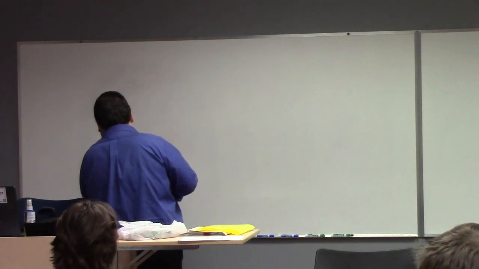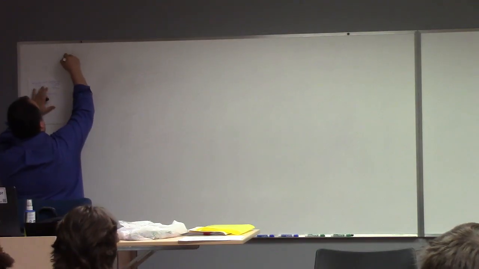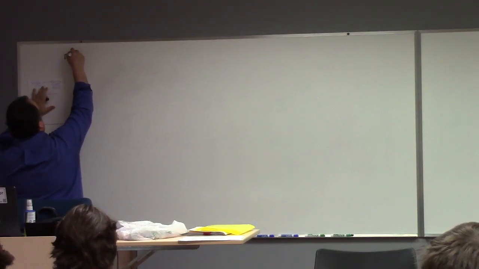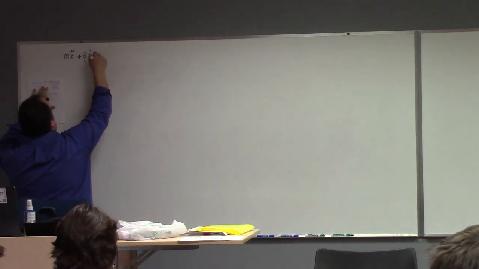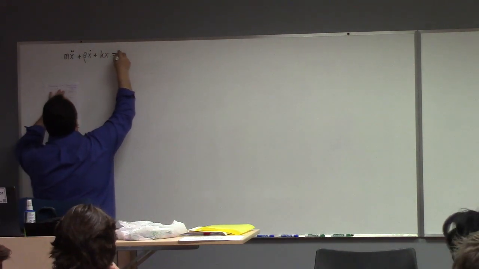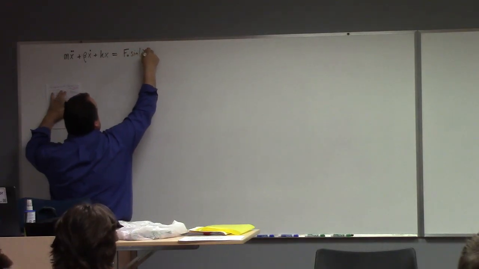Anyway, okay, so I was in the middle of something last time, you may recall. Let's try to finish that. So we were working on solving mx double dot plus beta x dot plus kx equals f naught sine gamma t.